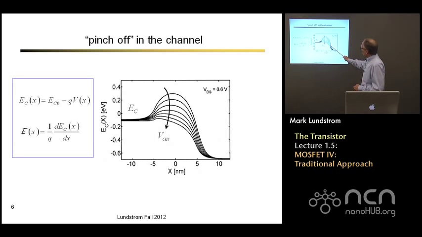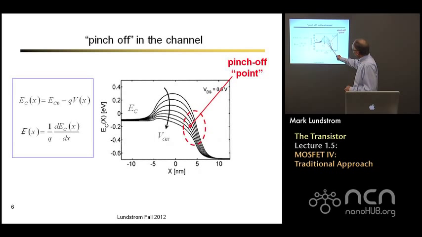So the slope of the energy band diagram gives me the electric field. If I look at these numerically computed energy band diagrams under high voltage between the drain and the source, you'll see that I have a small electric field near the source, but a very high electric field near the drain. Nothing really magic happens at pinch-off. The pinch-off point is occurring about here. This is the region where the electric field gets very high.